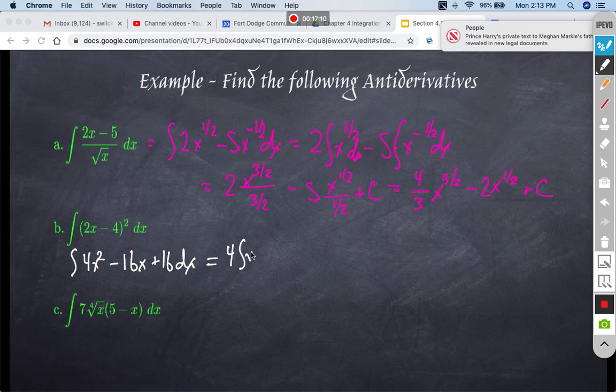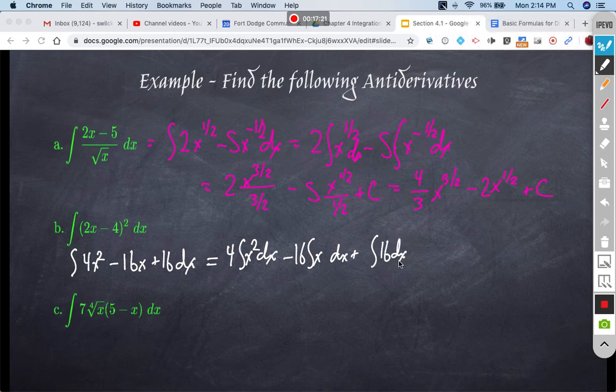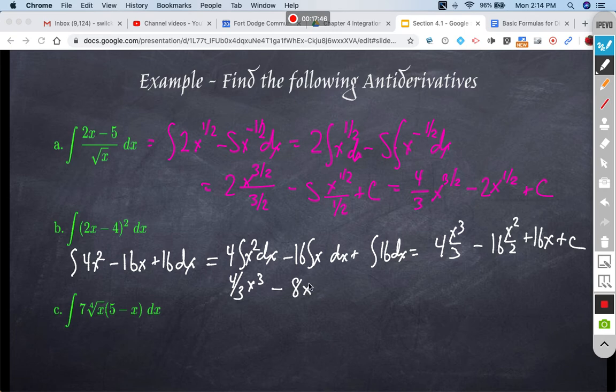So that's 4 times the integral of x squared minus 16 times the integral of x plus the integral of 16 is going to be 4x to the 3rd over 3 minus 16x squared over 2 plus 16x plus c. So that's going to end up being 4/3 x cubed minus 8x squared plus 16x plus c.